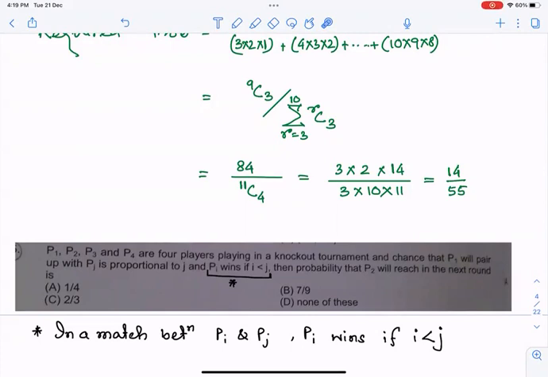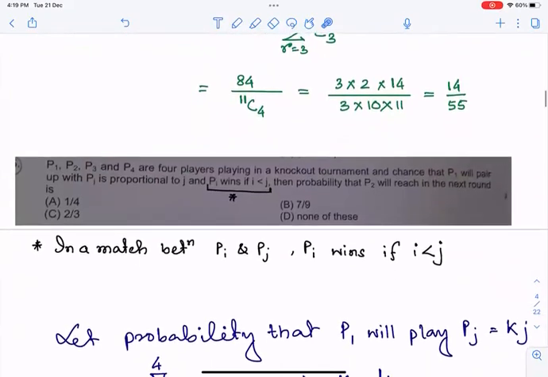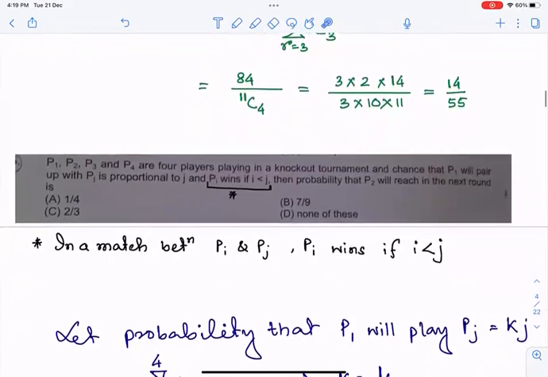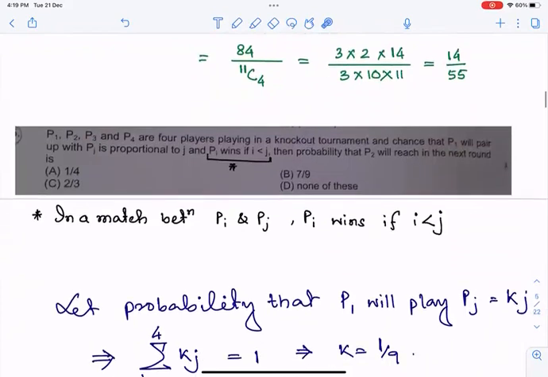So if I need to ensure P2 will reach the next round, we need to ensure P2 must not play P1. P1 will play against Pj with probability proportional to j. So we can consider the probability that P1 will play against Pj is k times j.